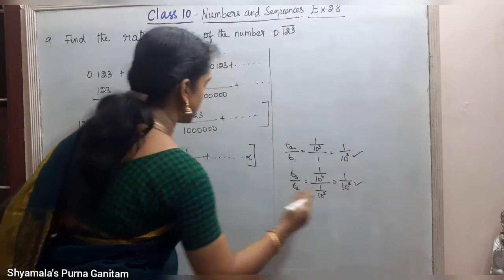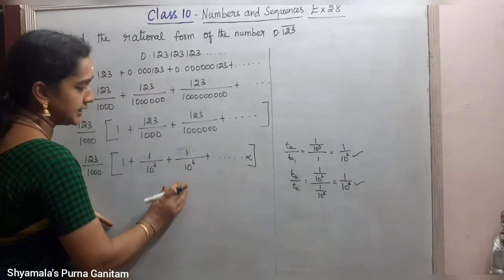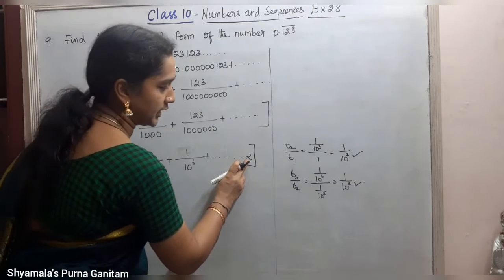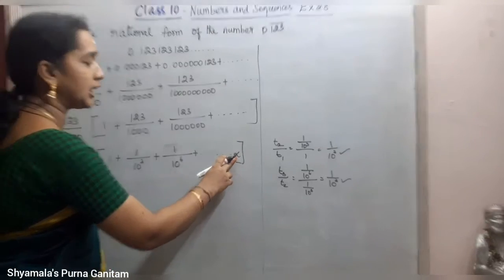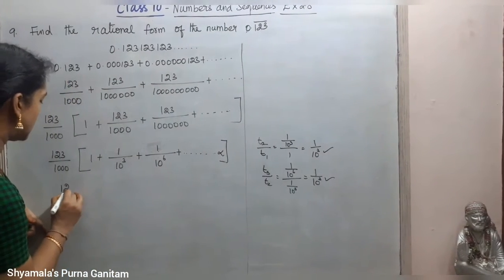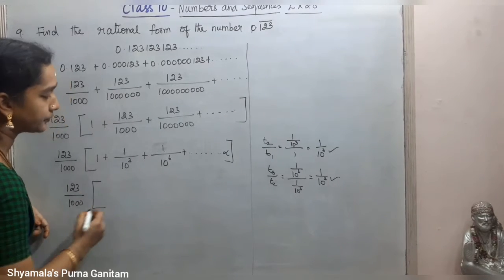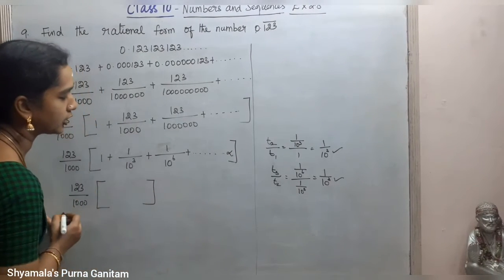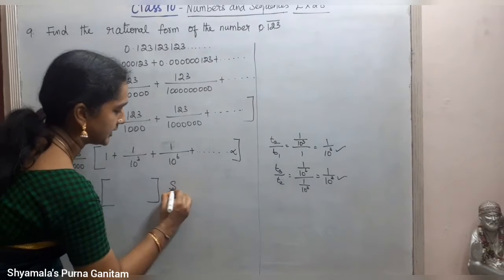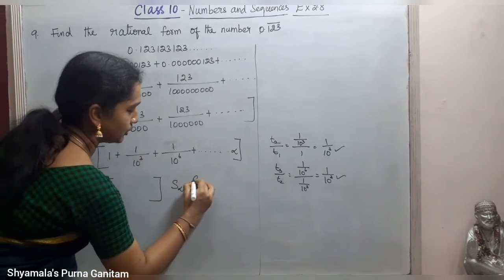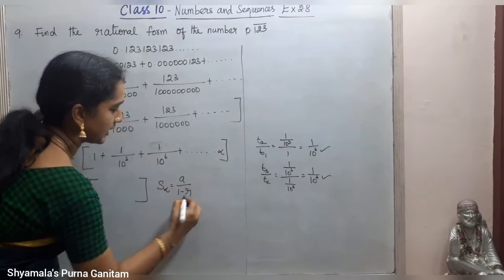Since the ratios are the same, the given terms are in GP. Since this is up to infinity, we use the infinite sum formula, S infinity equals A by 1 minus R.